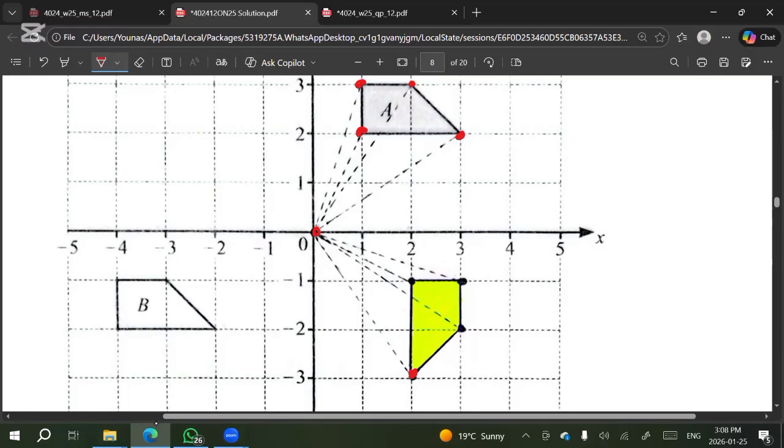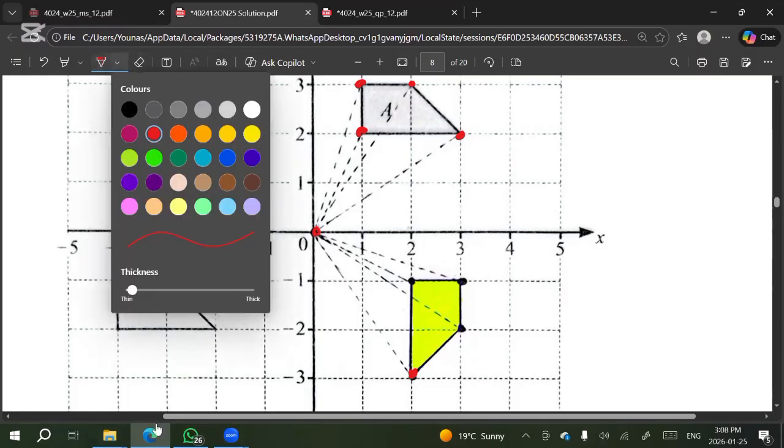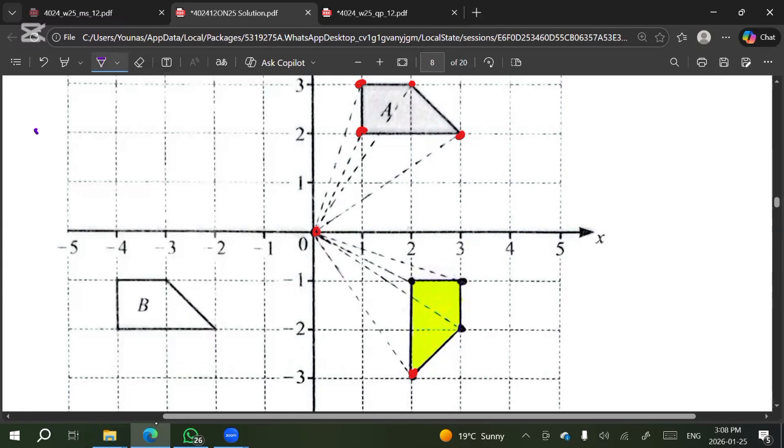Another very easy and simple method, try to understand. I'm going to tell you another very easy method, how I do this without any protractor. For example, if you want to move this point, this is my center of rotation.